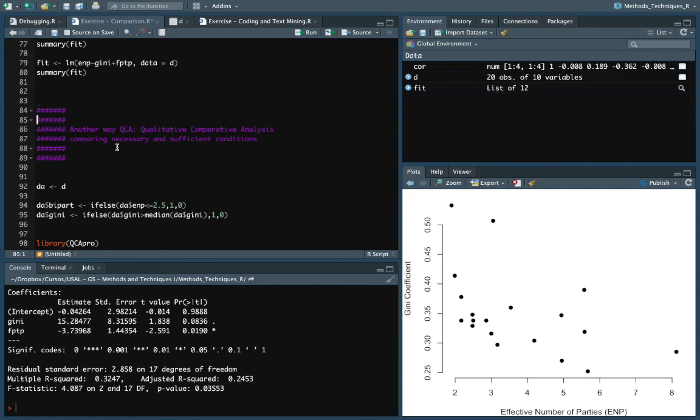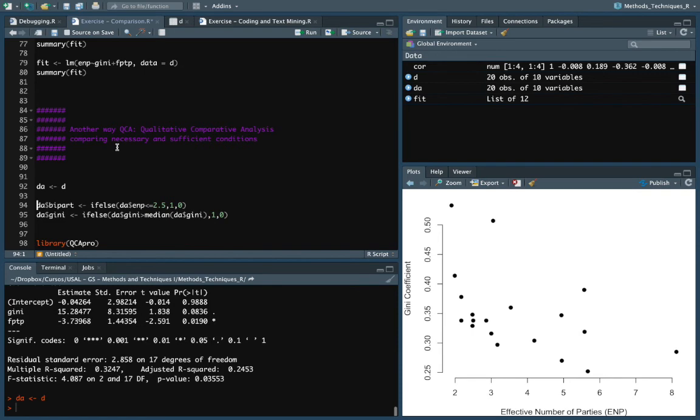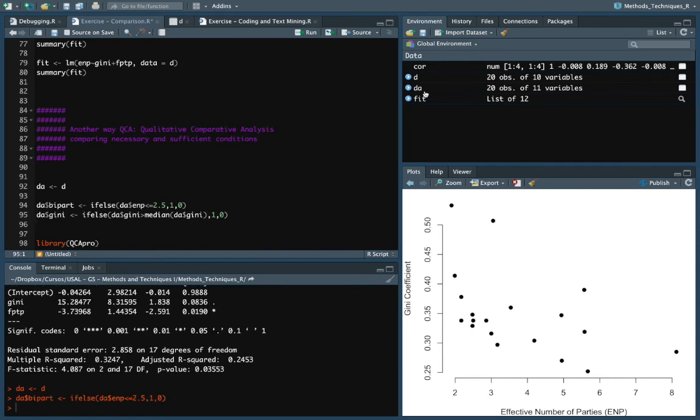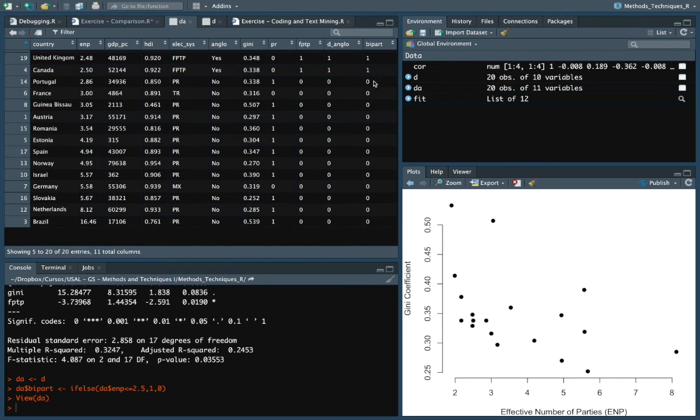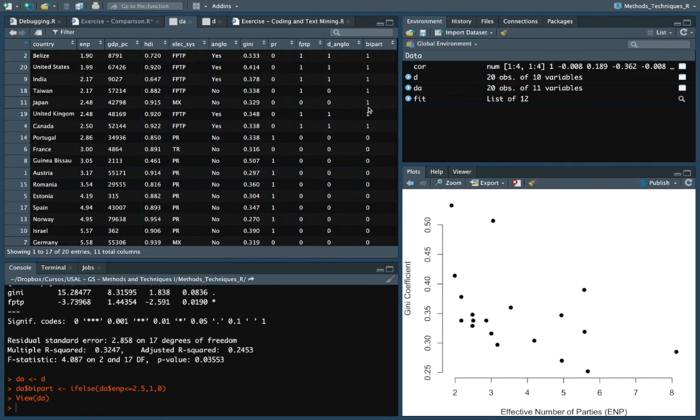So I will create a new data set with a variable bipartisanism. All those countries with 2.5 effective parties or less are considered bipartisan, while all others are considered multipartisan. Okay, so I'll test this and see what are the conditions that are related to bipartisanism.